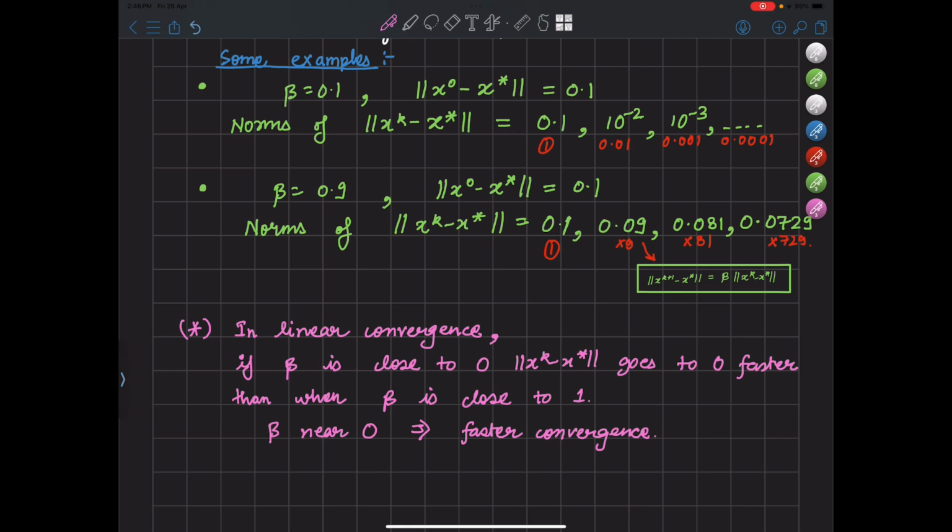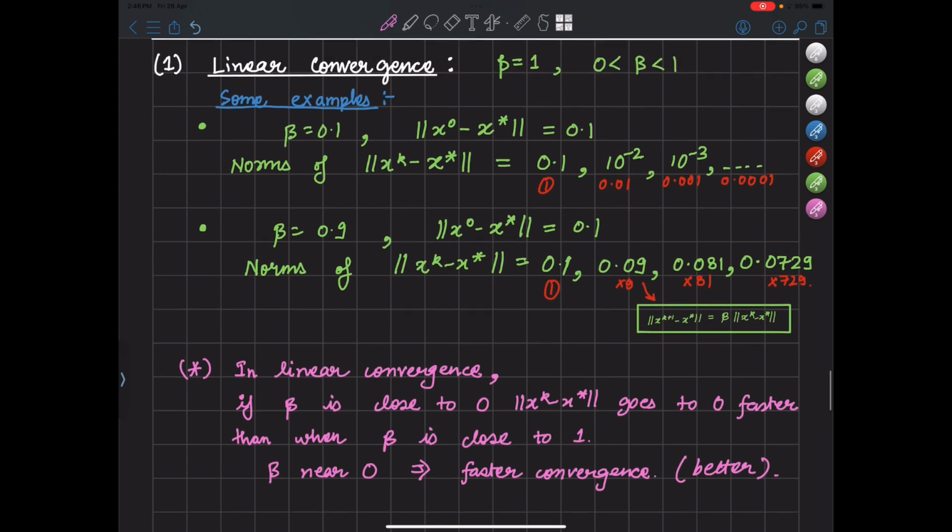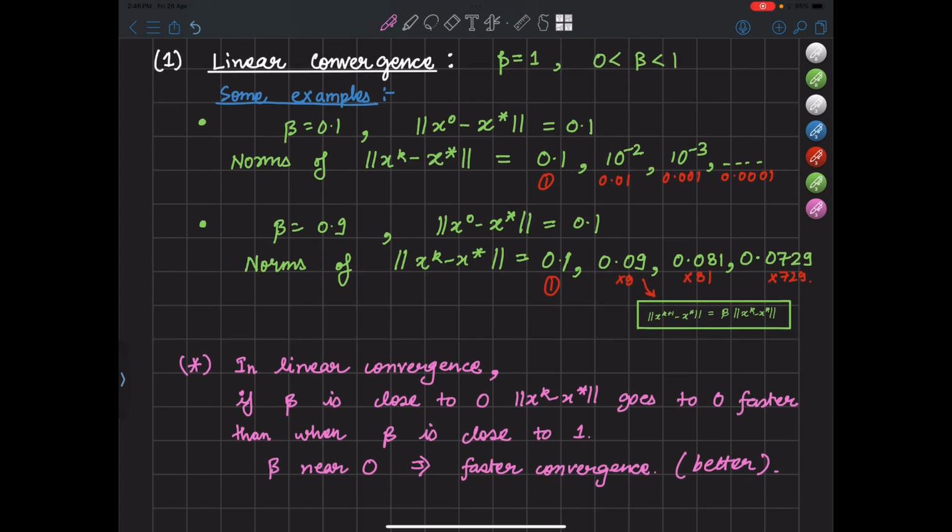In linear convergence terms, this is better. Alright, so this is the example of linear convergence.